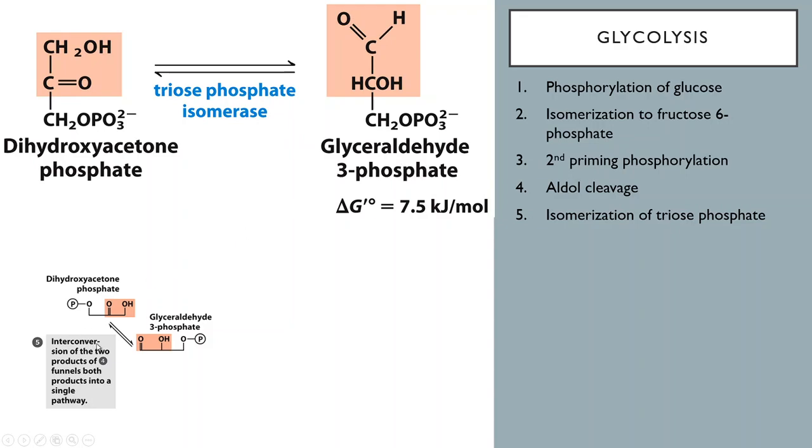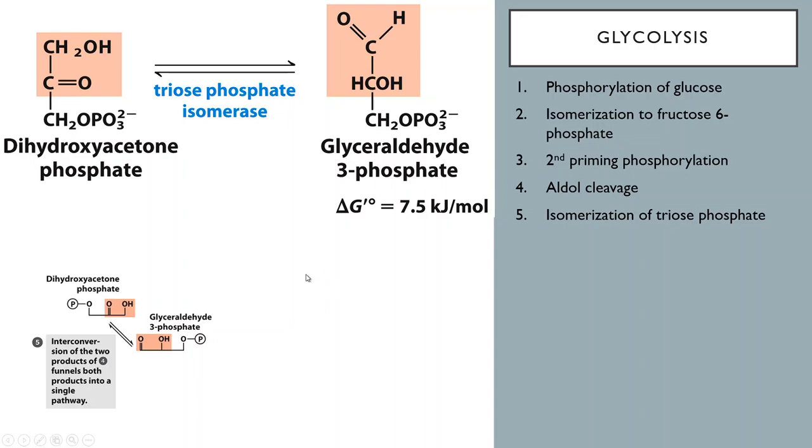That involves converting the OH group here on the end of dihydroxyacetone phosphate into an aldehyde group, and then the internal carbon has an OH group on it. So now we have 2 molecules of glyceraldehyde 3-phosphate, and they can both go through the rest of the reactions through the same pathway.